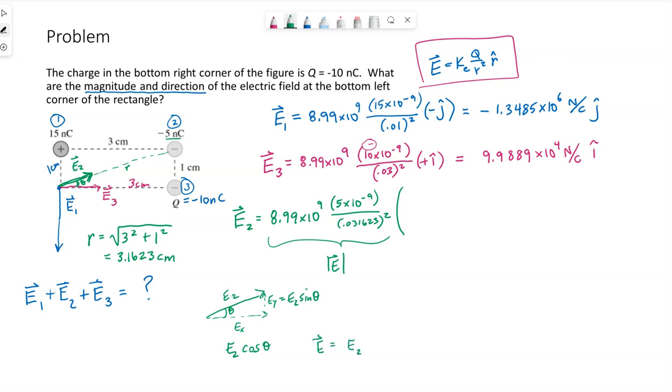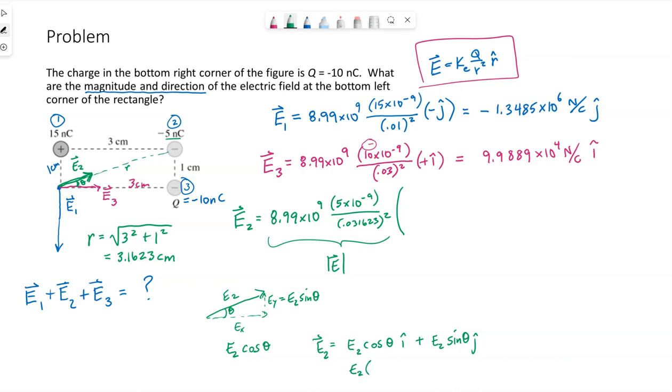So we essentially can say that E2, the vector itself, is E2 cosine theta in the x direction, so i hat, plus E2 sine theta in the y direction, j hat.